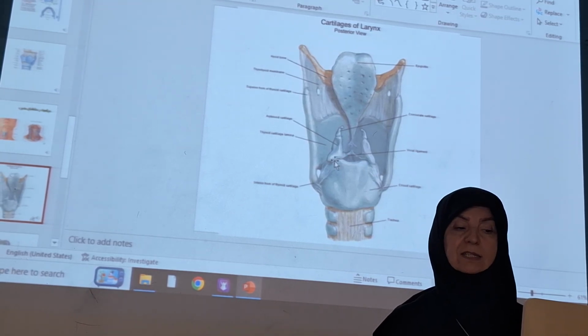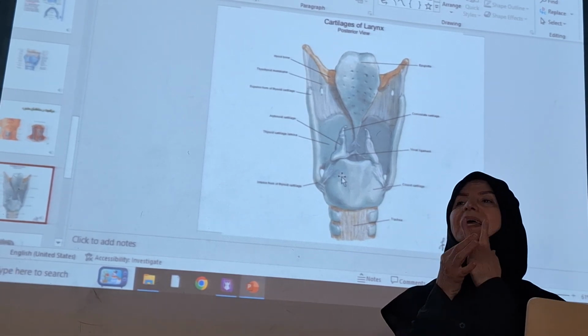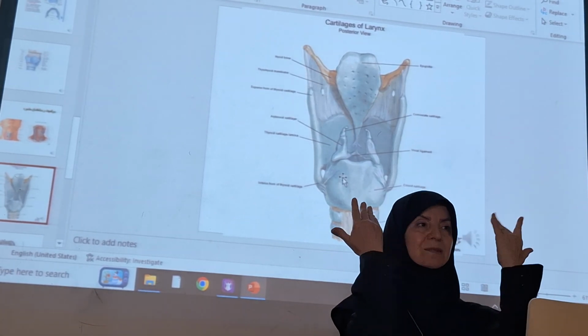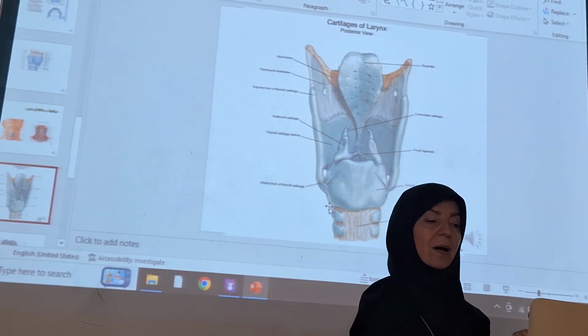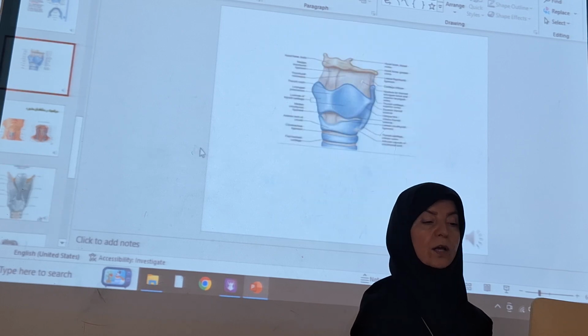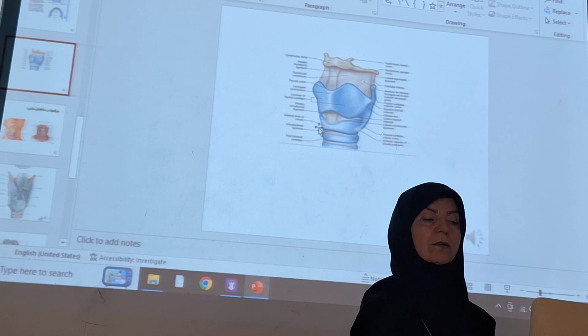Because the lamina is visible here. I told you the cricoid is like a ring, and the lamina is posterior. Look at the lamina, it is here. But anteriorly, you are going to look at the arch of the cricoid cartilage.